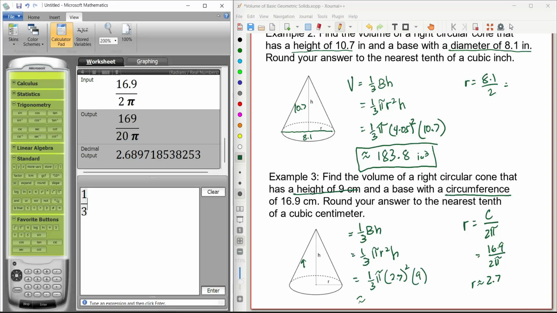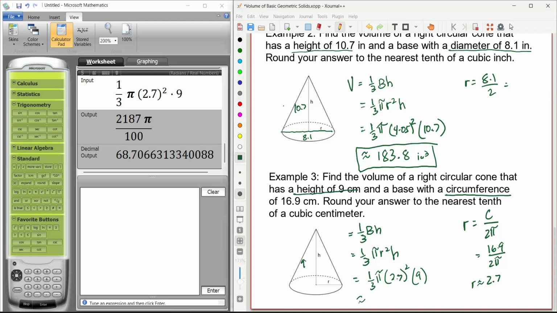So it's 1/3 times pi times 2.7 squared times 9. Let's see the answer. So that's approximately 68.7. This is centimeters, so cubic centimeters.